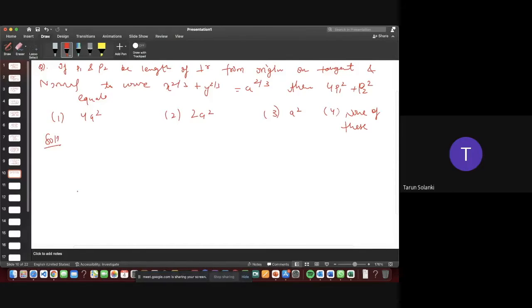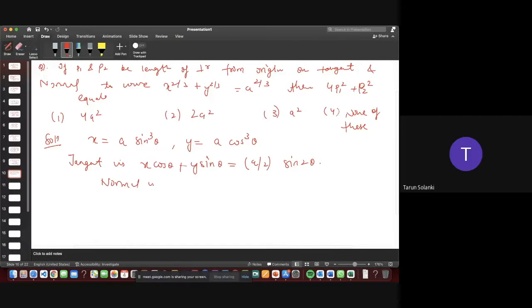Okay, so let's solve. First we'll take the parametric equations. That means x equals a sine cube theta, y equals a cos cube theta. So the tangent is x cos theta plus y sine theta equals a by 2 of sine 2 theta.